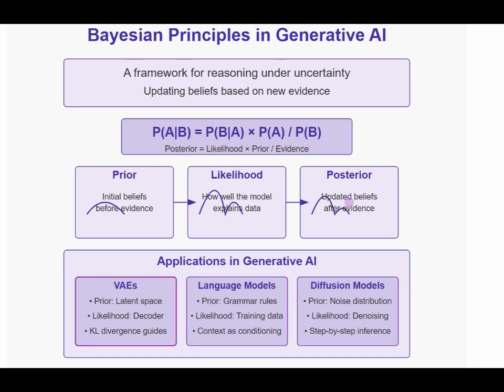3. Diffusion models. These cutting edge image generation models use Bayesian principles through: prior, starting with pure noise, a known random distribution; likelihood, the denoising process that gradually reveals structure; posterior, the refined understanding of the image distribution. Example in action: when generating an image of a cat, a diffusion model starts with random noise, the prior.